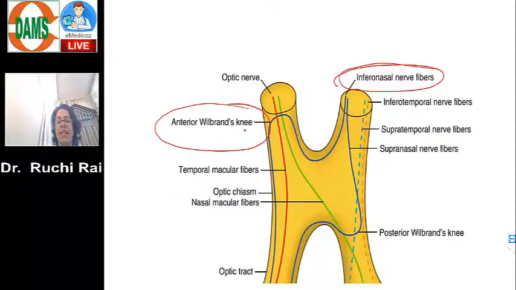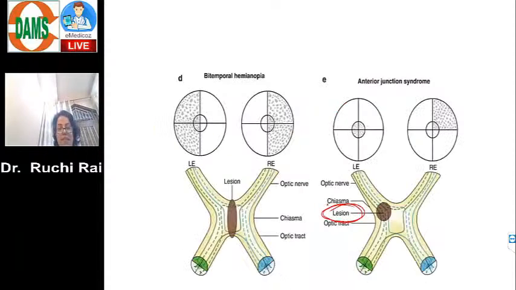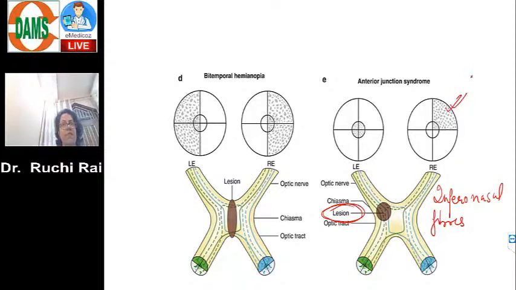So this Wilbrand's knee will lead to what? If there is any pressure here and these fibers are affected, we just saw the lesion was somewhere here. The nerve was affected as well. I told you the field is opposite to the anatomy, so inferonasal fibers will lead to a superotemporal field defect.